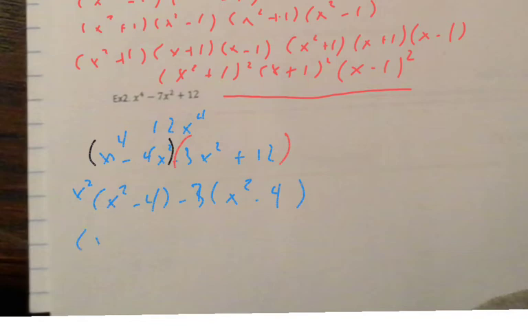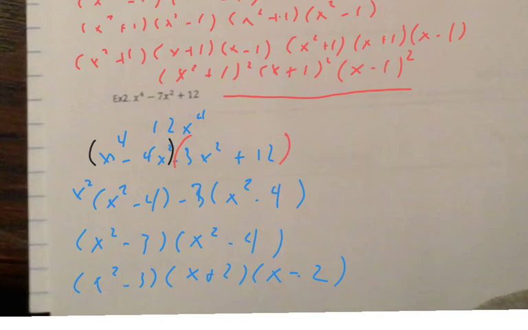So our factors here are x squared minus 3 and x squared minus 4. Can't do anything with x squared minus 3, but x squared minus 4 is a difference of squares, so we have x plus 2, x minus 2. And there you go. That's factoring polynomials to a higher power.